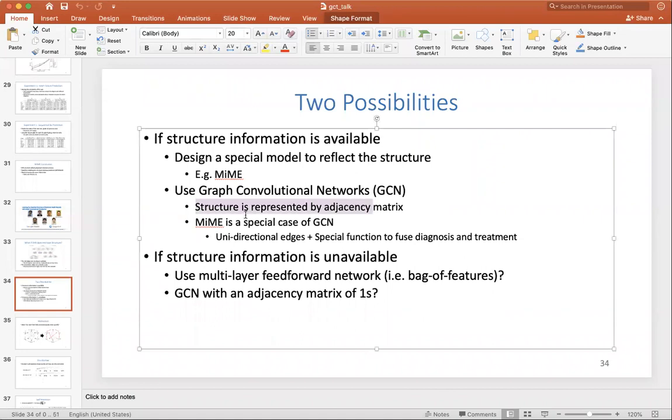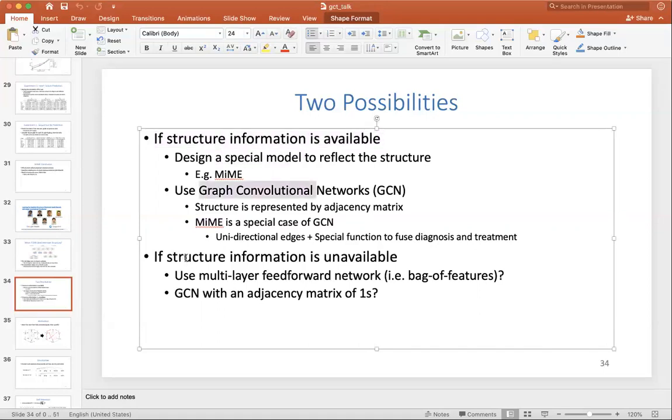In retrospect, MIME is a special case of GCN. It just has unidirectional edges and a special function to fuse diagnosis and treatment. So this is option one. If structure is available, you can either design the model or just use GNN.